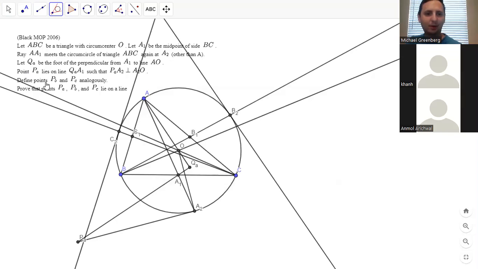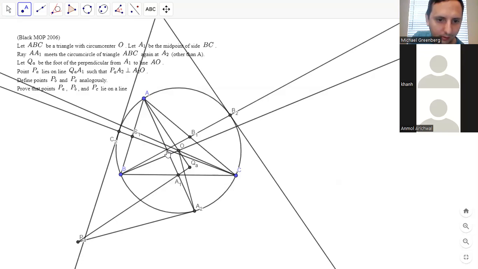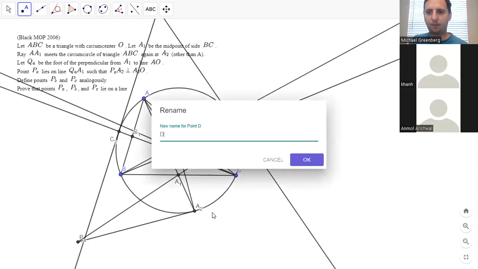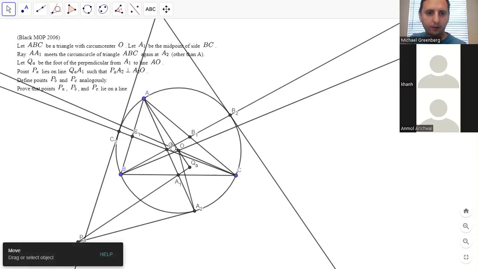Let's see. So we do that, and then we need to draw perpendiculars. So let me draw the in-center. Oh, that's not the in-center. That is the centroid. Okay, hold on just a second. Let me finish drawing the rest of the points.